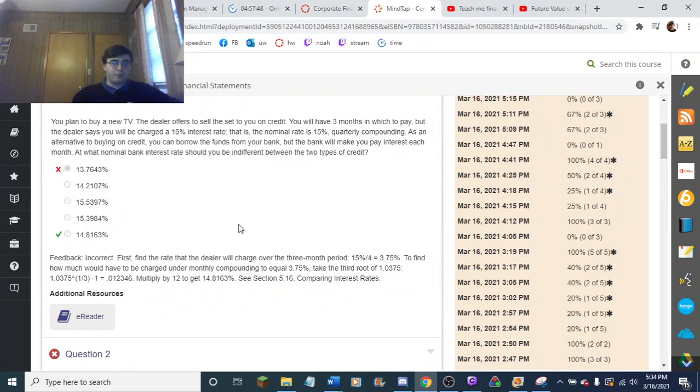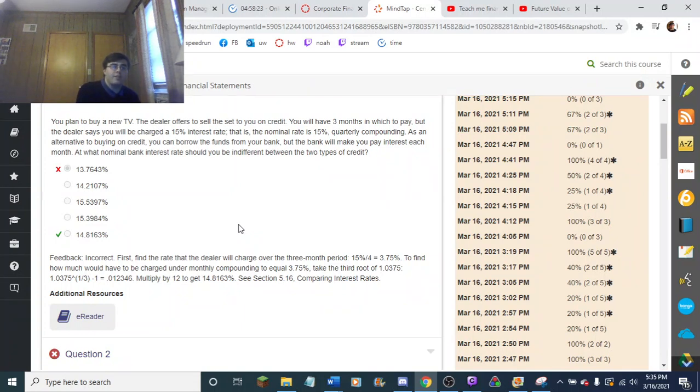So first, to find how much would have been charged under monthly compounding to equal 3.75%. Oh, come on, they give you the interest rate and you need to find what?